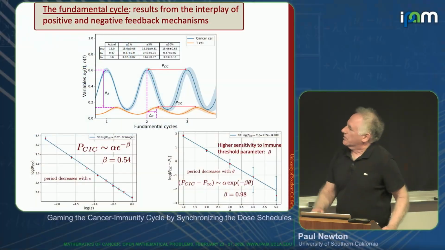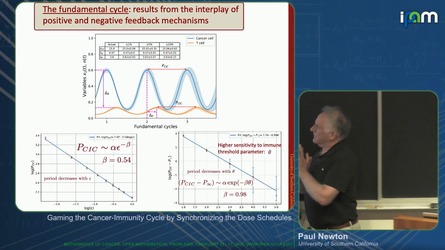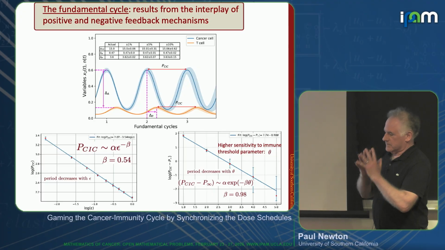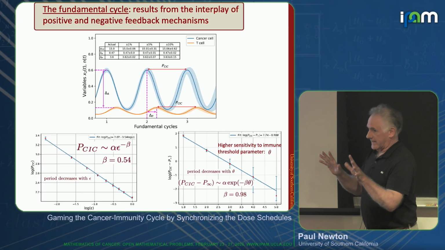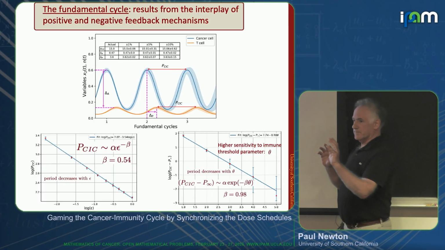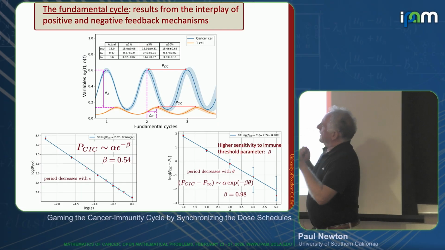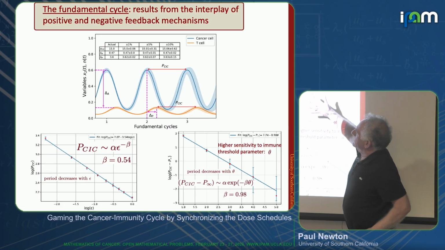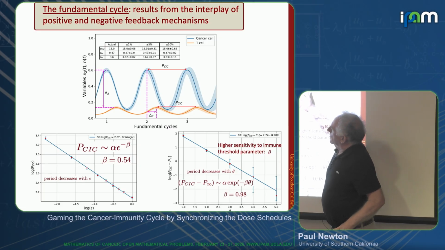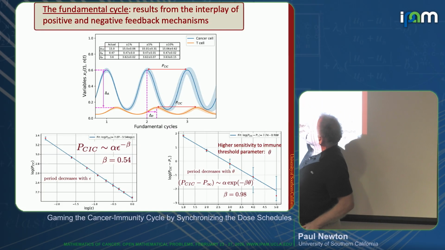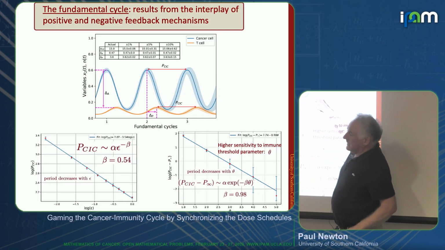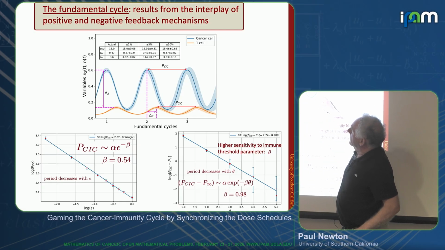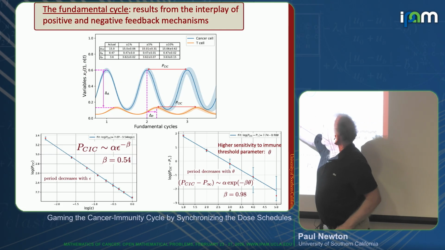Let me just show you the starting point of the model. And again, I haven't yet talked about the control functions. If the parameters are right, then you get a balance of these things and you get a fundamental cycle. What I'm showing here is the oscillations of the X2 variable, the cancer cell frequency, and the T cell population.